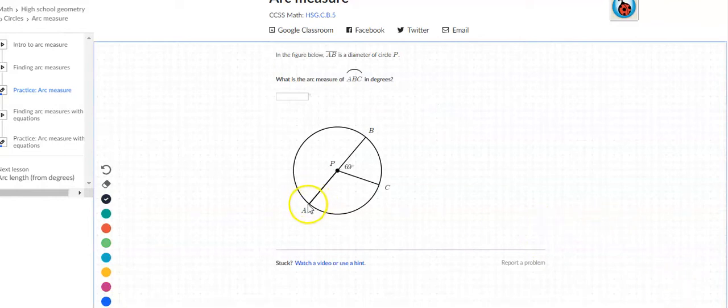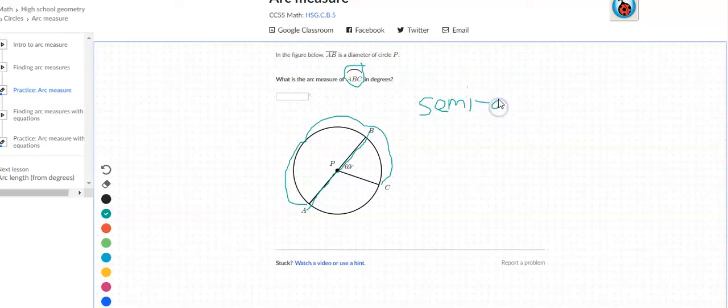And last of all in this section, it asks for A, B, C. Again, it's 3 letters, and so that means I'm going the long way around. A to B to C. And so this time, I'm going to use the semicircle, which equals 180.